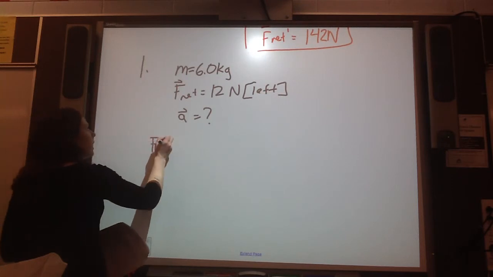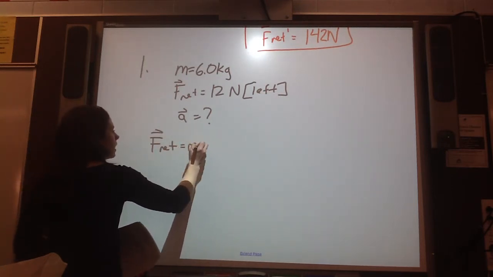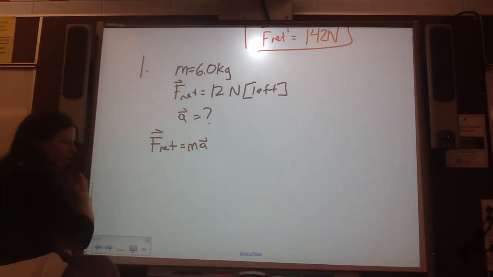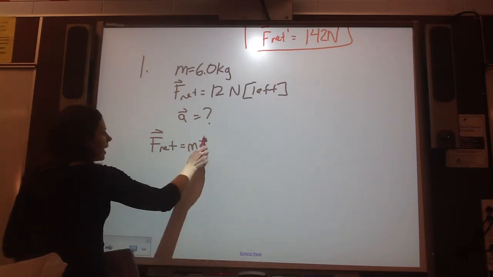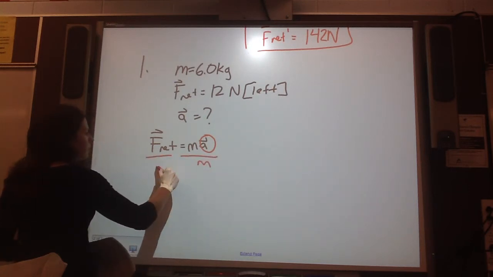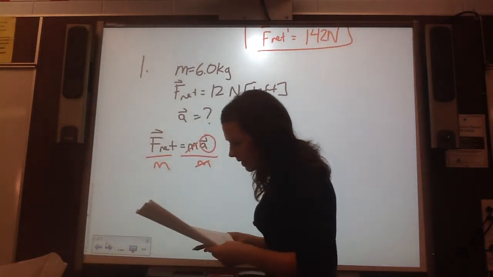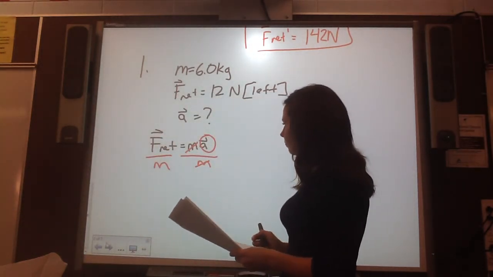I know that my F net is equal to m times a. I'm solving for a. Right now a is multiplied by m, so I'm going to divide by m, divide by m. So my formula is F net divided by m.